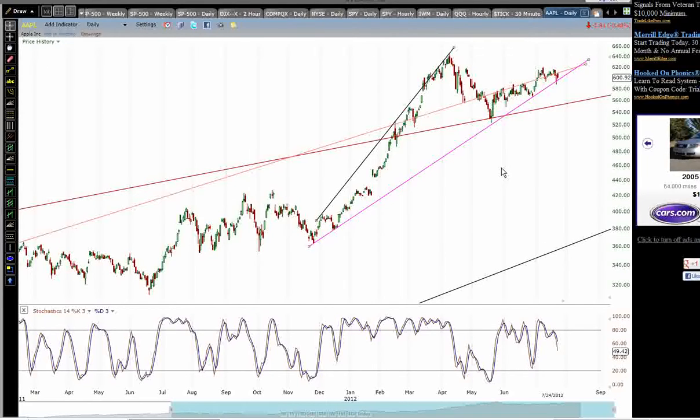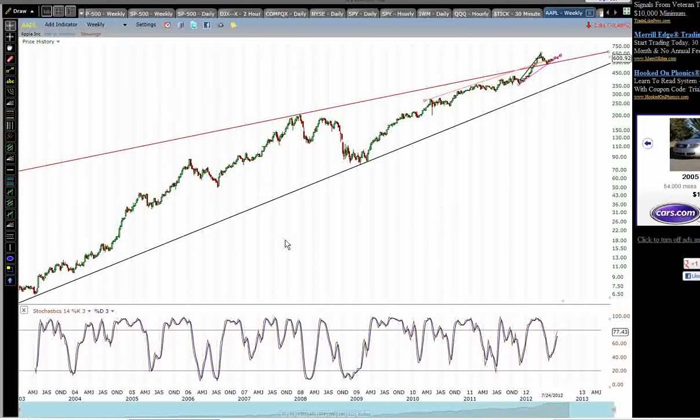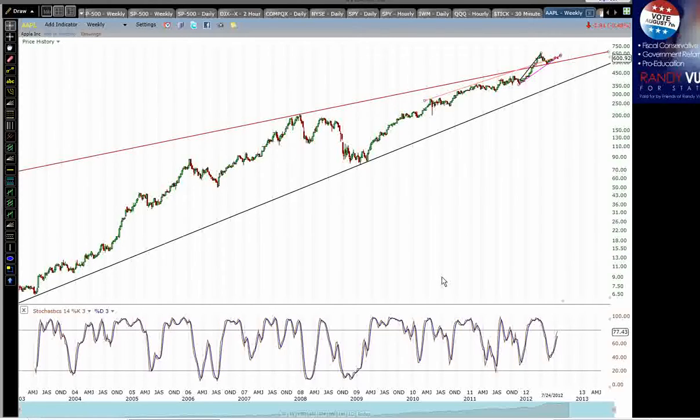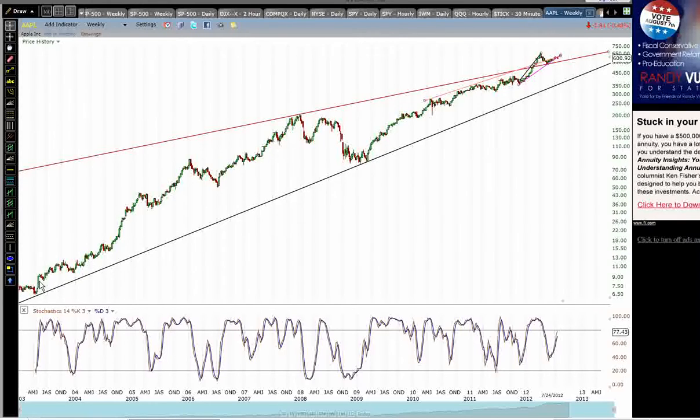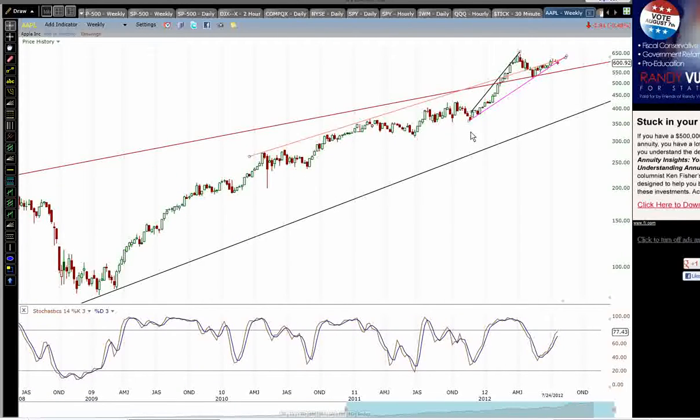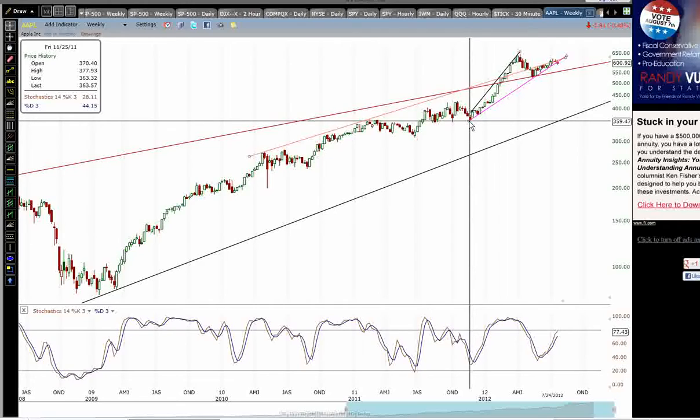For those who have not studied what happens with growth stocks when they top, it's easy when you look back. Let's click over to the weekly chart on Apple, and you see a stock that has gone from $6 to $600. So it's literally multiplied 100 times since 2003. It's advanced 100% since last fall, practically.